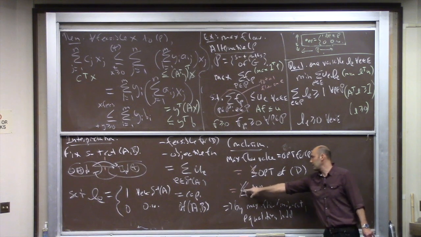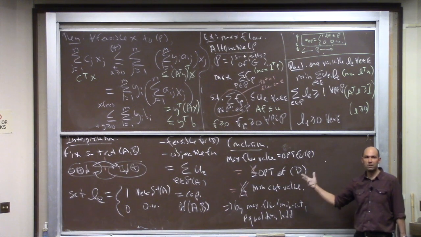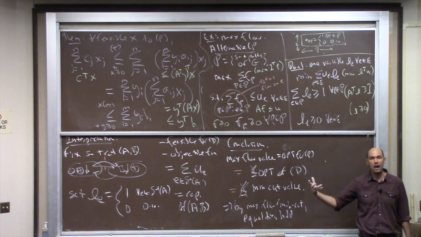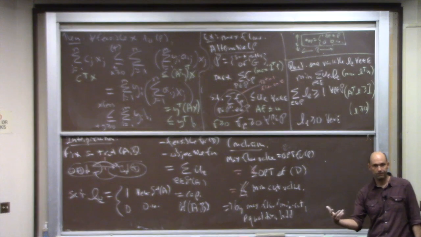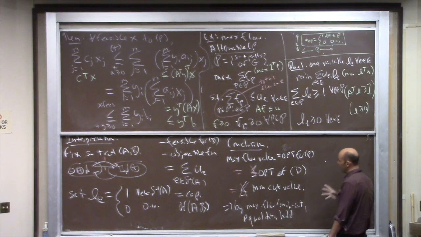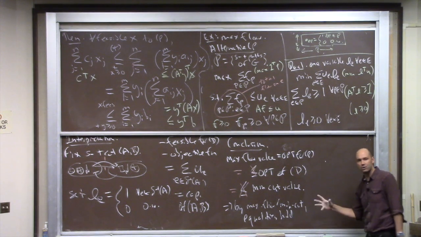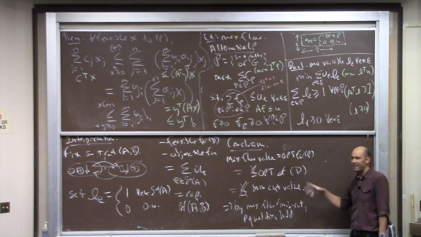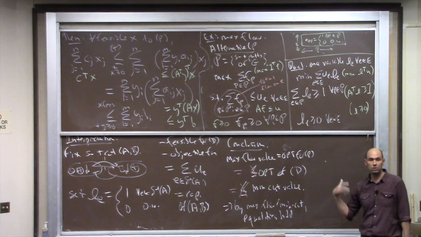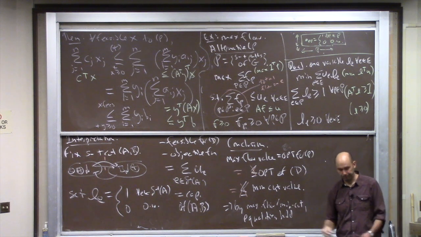And having an equation here says it doesn't matter. Or put differently, for any fractional solution, I can come up with an integer solution, a cut, which is just as good. So the takeaway here is that while in general linear programs have fractions, there are some important and natural linear programs where, despite the fact that in principle you could get fractions, there's always an optimal solution which is 0, 1.